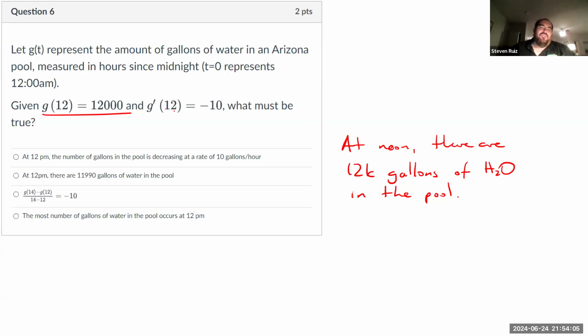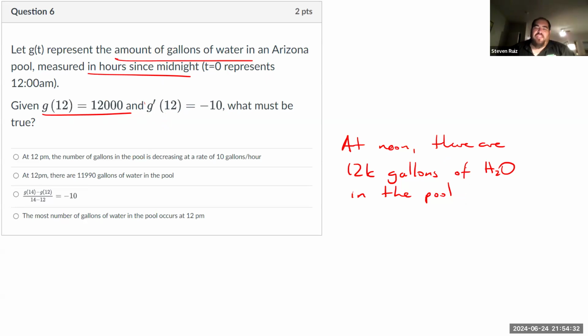G prime of 12 equals -10. So based on what G tells us, what does G prime tell us? G prime tells us the instantaneous rate of change of G of t with respect to t. So it's the instantaneous rate of change of the amount of gallons of water in the pool with respect to the number of hours since midnight. So let's erase this period here.